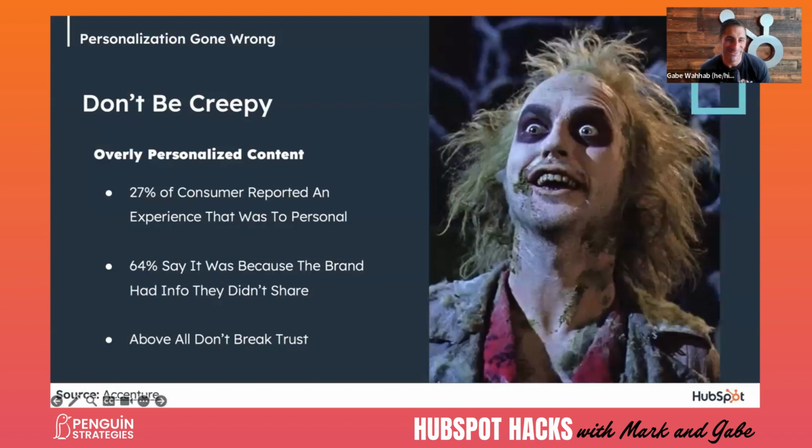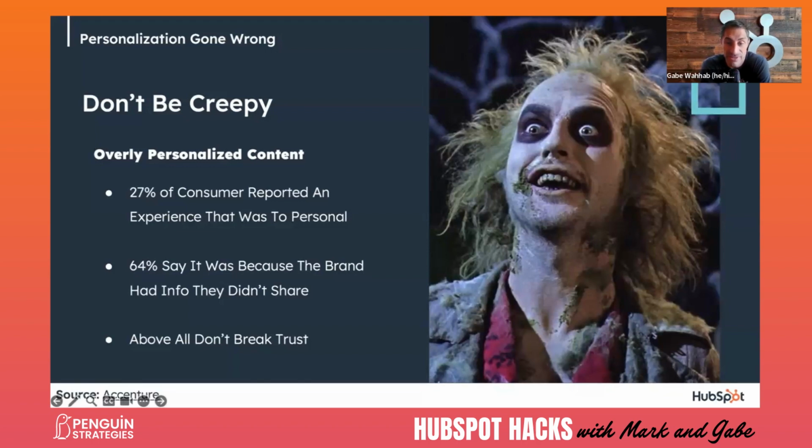Don't be creepy. Personalization is about trust and transparency. According to an Accenture report, 27% of consumers reported a brand experience that was too personal or invasive. And almost two-thirds, 64%, said it was because the brand had information about the consumer that they didn't knowingly or directly share. Brand and consumer relationships are no different than their real life counterparts. When one party goes outside of the relationship for information, the level of trust is completely broken.